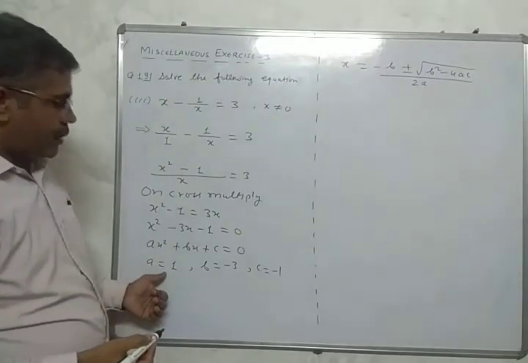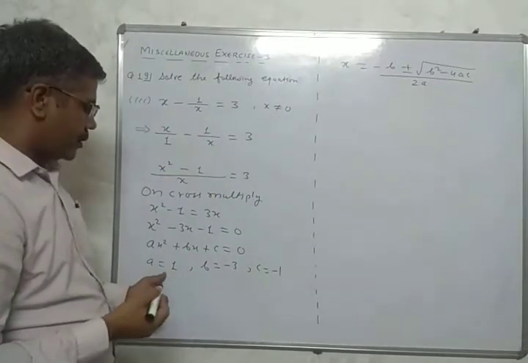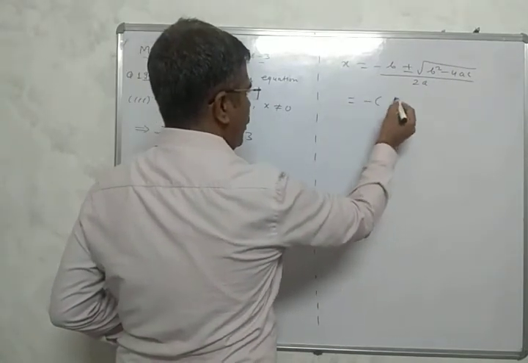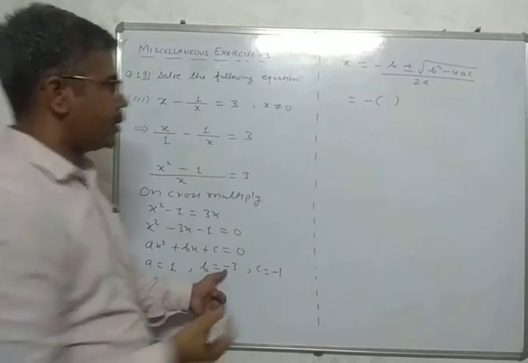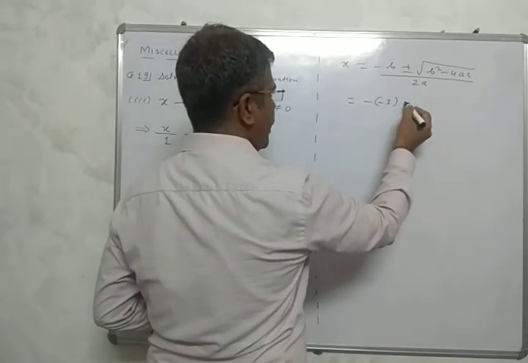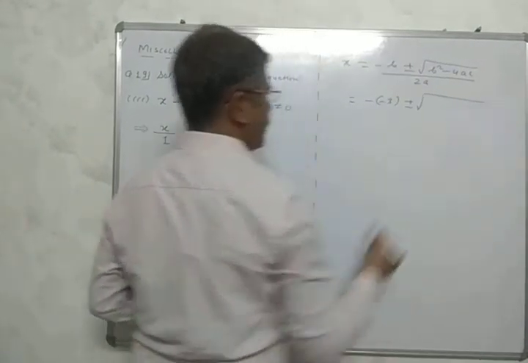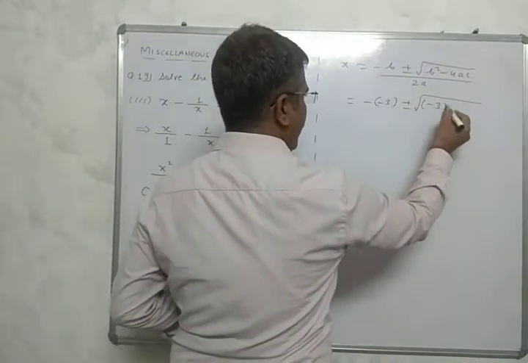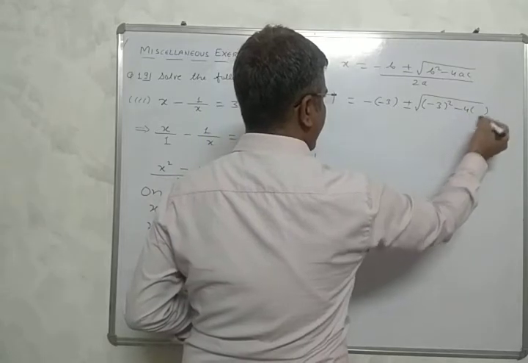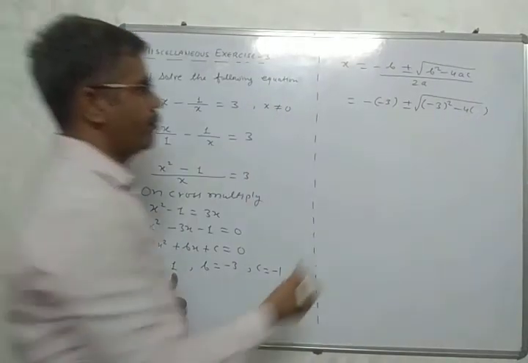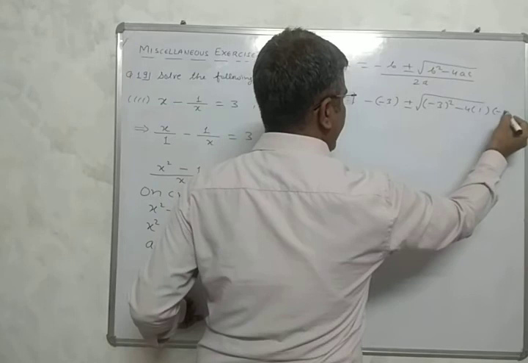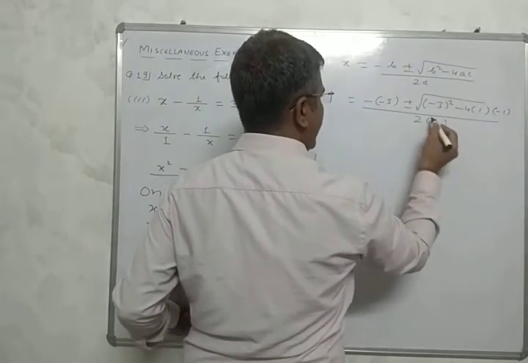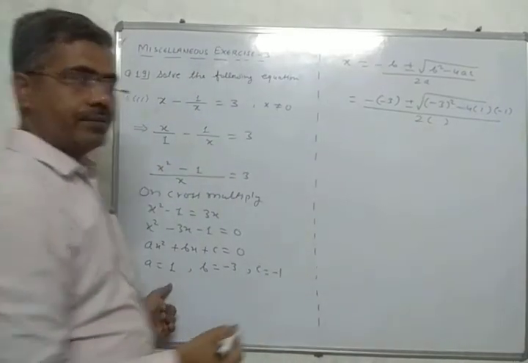We replace a, b, c in the formula. We have, b is minus 3, so we write here minus 3 plus minus under root minus 3 whole square minus 4a, a is 1, and c is minus 1, upon 2a, a is 1.